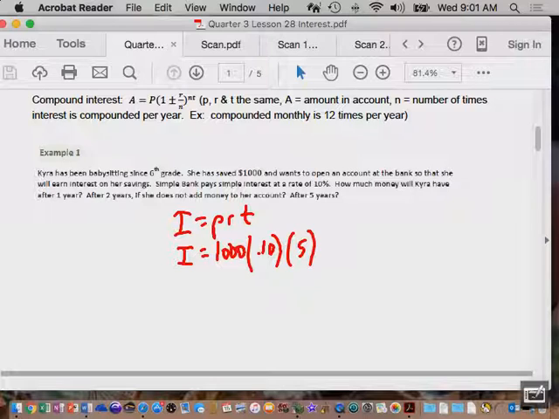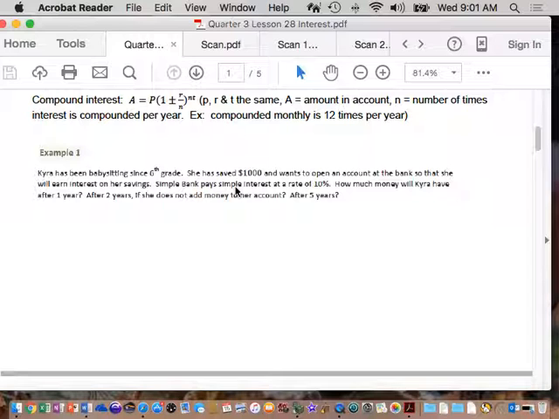That would be 0.5 times 1,000, which is 500. And just so that we could say what's in the account, it would be the original 1,000 plus 500 more. How much is total in the account? 1,500. Very good. Again, you covered that last year. That's pretty simple. We are now going to do compound interest, which is this formula right here.